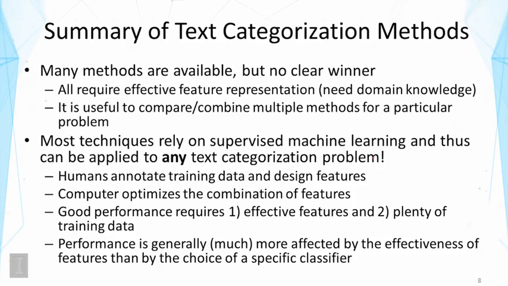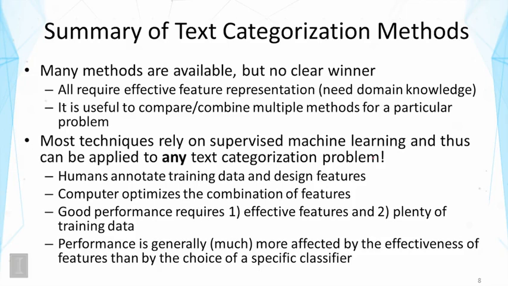So ensemble approaches that would combine different methods tend to be more robust and can be useful in practice. Most techniques that we introduced use supervised machine learning, which is a very general method. So that means these methods can actually be applied to any text categorization problem.